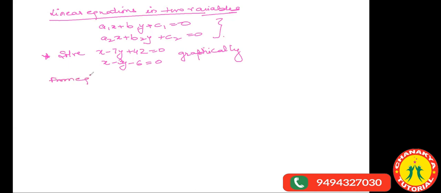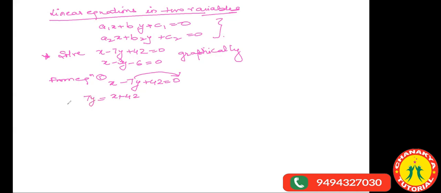So from equation 1, x minus 7y plus 42 is equal to 0. Now from this equation, you can transpose this 7y to the right hand side. Children, kindly unmute yourself, all of you. So children, you can write x plus 42 is equal to 7y.